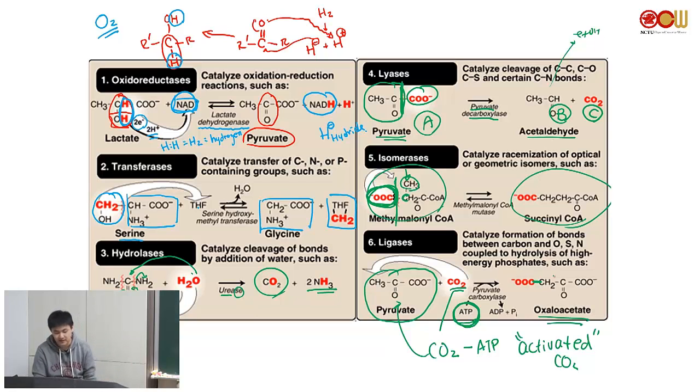That gives you oxaloacetate. So ligase, it's always you want to use the power of ATP to react two things together. For example, A plus B, normally it's unfavorable, but your cell still wants to do it. Then it uses ATP hydrolysis energy to drive this reaction, so you can convert A plus B into C.